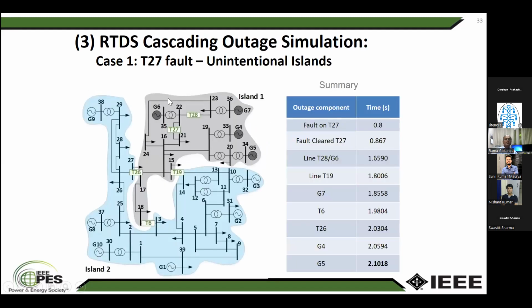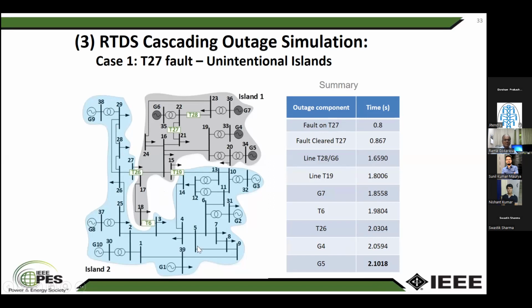So the gray area is the one that finally, this whole region, got blacked out. Okay. So starting with the original T27 fault at 0.8 seconds, these are the sequence of events, and at 2.108 seconds, this is the island, the grayed area.